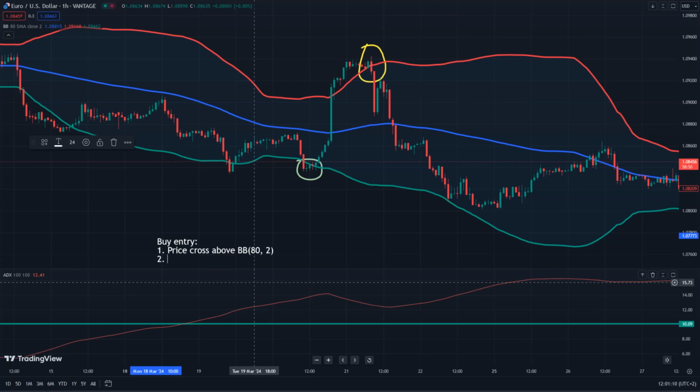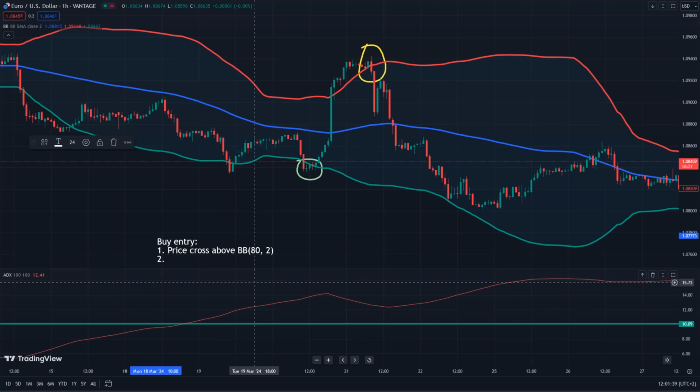So for example, here with the buy trade, when it already crossed below and it has a consolidation period, so you don't miss valuable pips, and when it is crossing above the lower band and it is going back again to the area between the 2 bands, the lower and the upper bands.